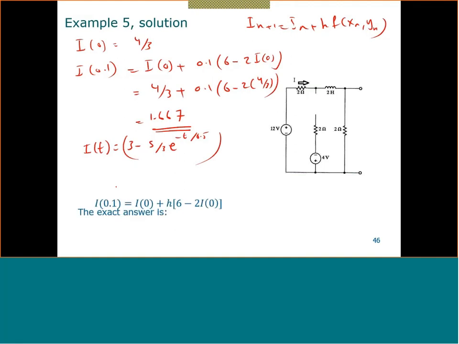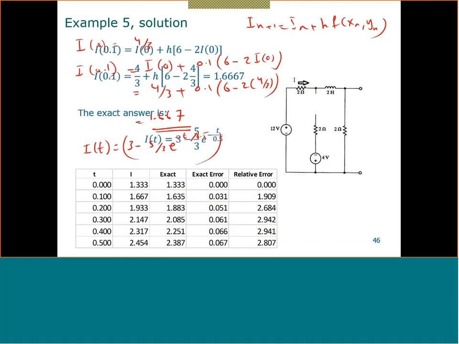Now, if we compare the exact from the relative error, okay, so this is the approximate value. At t equal to 0, it is 4 over 3, 1.33. At 0.1 it is 1.667, and so on and so forth. And this is the exact values.